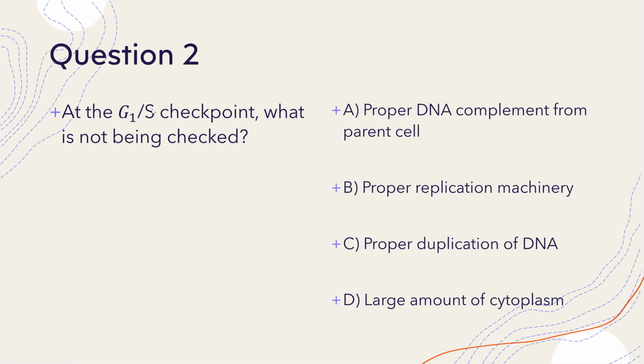The G1S checkpoint happens before the S phase, so it's just making sure everything from the parent cell was delivered properly and that it can perform synthesis properly.